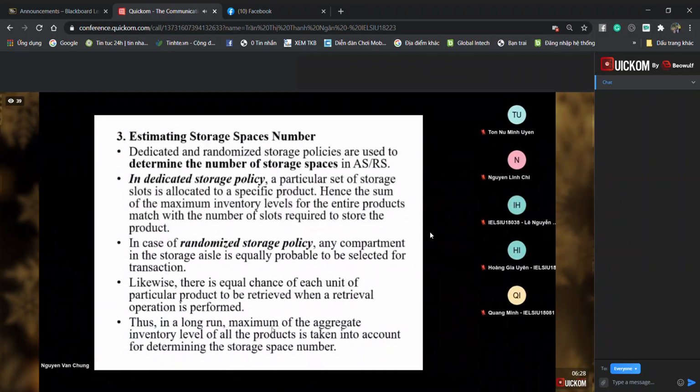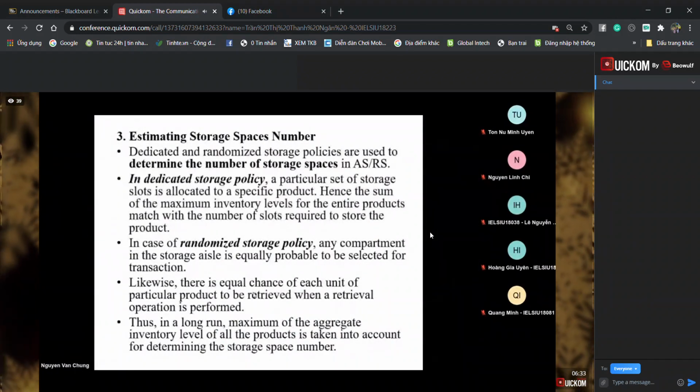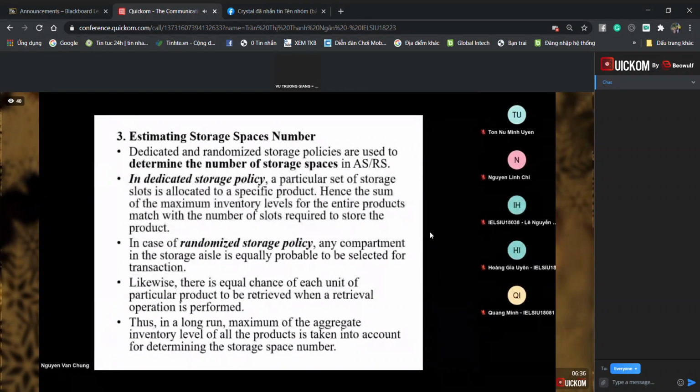Okay, so that is estimating storage space.